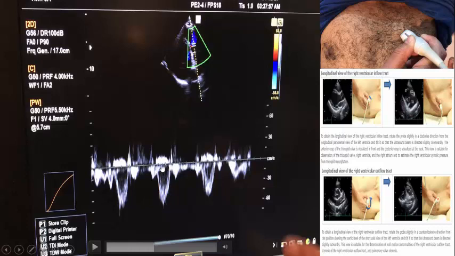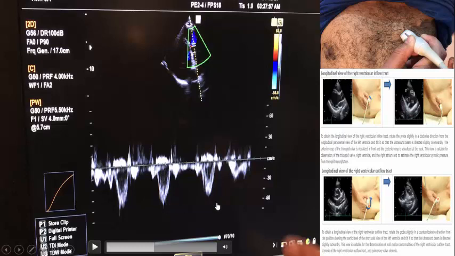This time should be more than 100 milliseconds. If it is less than 100 milliseconds, you are talking about pulmonary hypertension. And if it is less than 60 milliseconds, it is one of the signs, the 60/60 sign, where you can diagnose pulmonary embolism. So this is a very important parameter you can collect from this view.